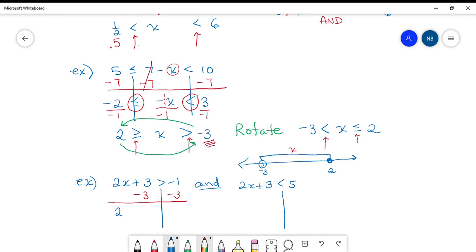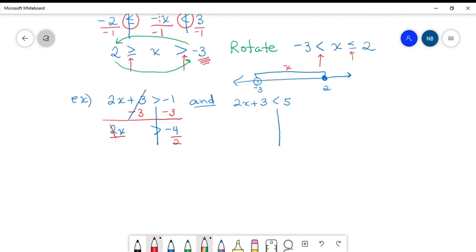That leaves 2x by itself, greater than -1 minus 3, which is -4. And since 2 divided by 2 is 1, I'm going to divide both sides by 2 to get x by itself greater than -2. Okay, that's part of my answer. And don't lose that.